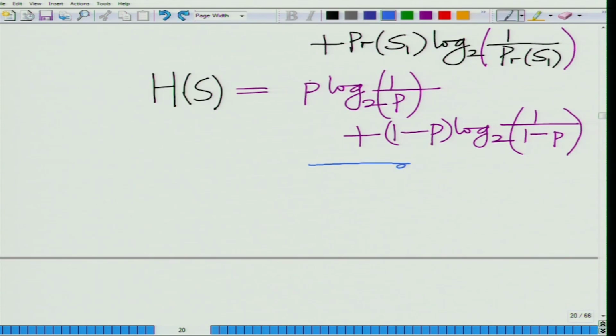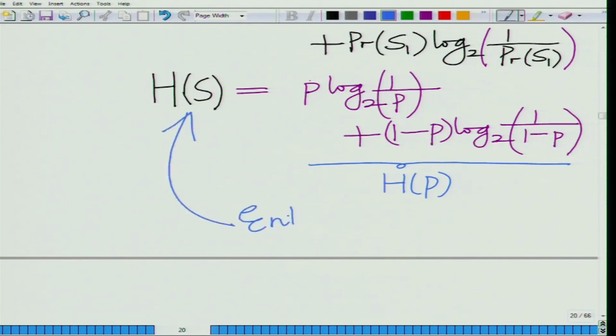And this quantity is also known as H of P. Okay, this quantity P times log to the base 2 1 over P plus 1 minus P times log to the base 2 1 over 1 minus P, this is also denoted by H of P. So alright, so this is basically the entropy of the source.